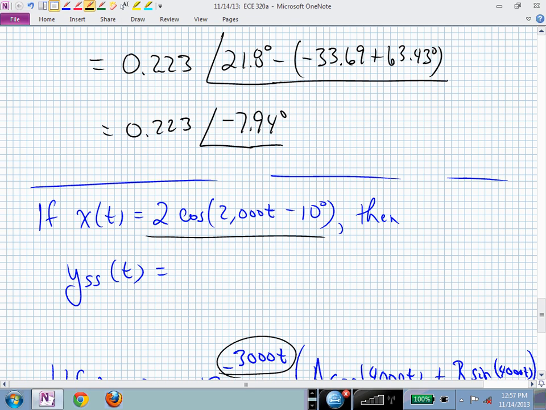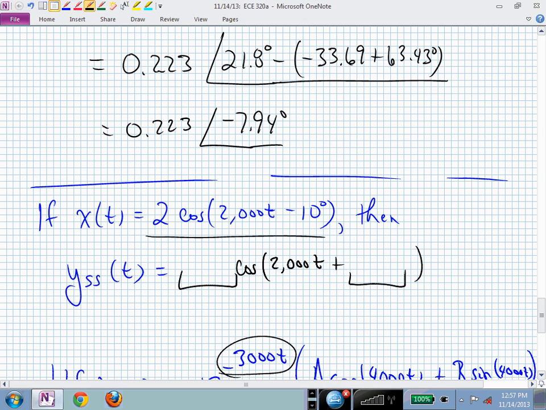So if you don't do anything else on the exam, you could at least write that. You could say, well, I don't know what that is, but it's going to be something like that. It's a linear system. You gave me an H of s, which is coming from a linear system, so I know that the output is shaking exactly at the same frequency as the input.